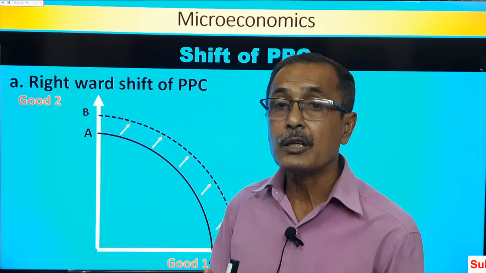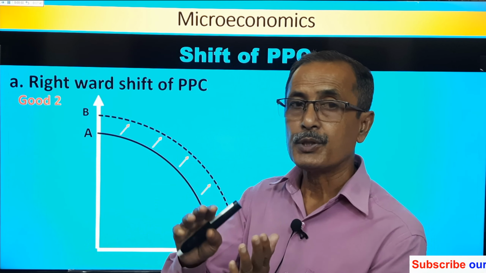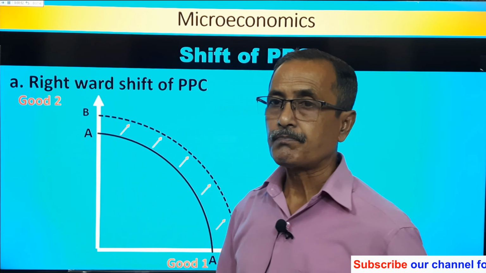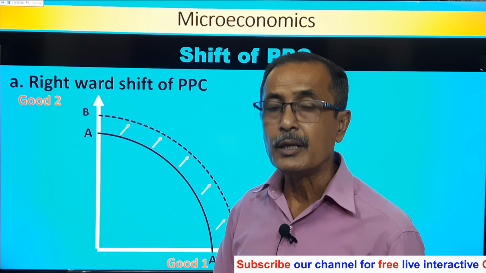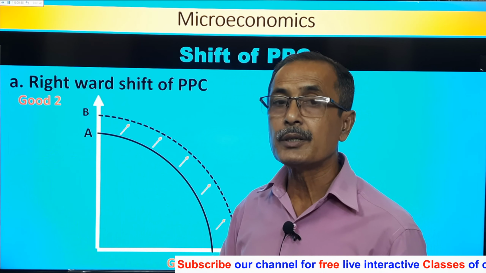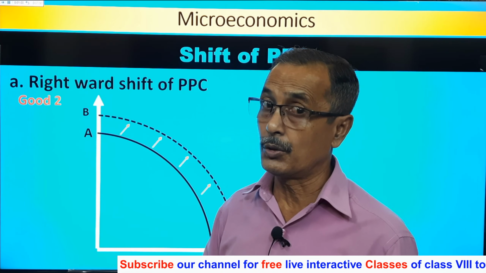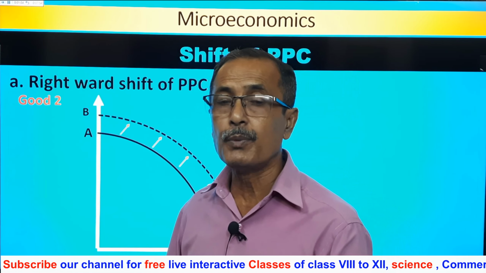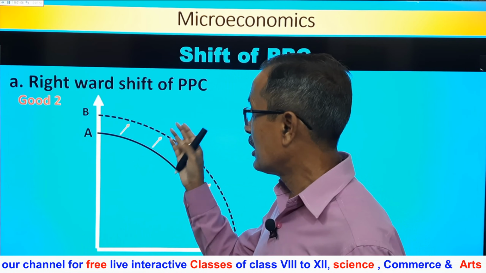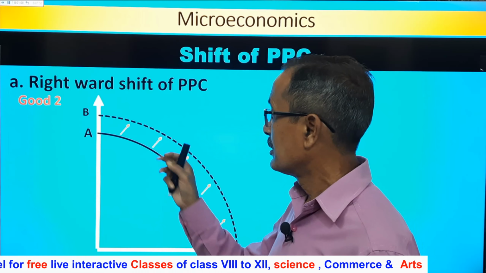But under what circumstances does the PPC curve shift to the right? It is possible only when there is an increase in resource or technology. अगर resource बढ़ गया, technology improvement हो गया, then this curve will shift to the right.